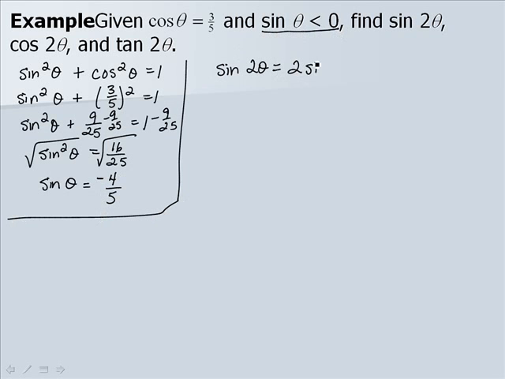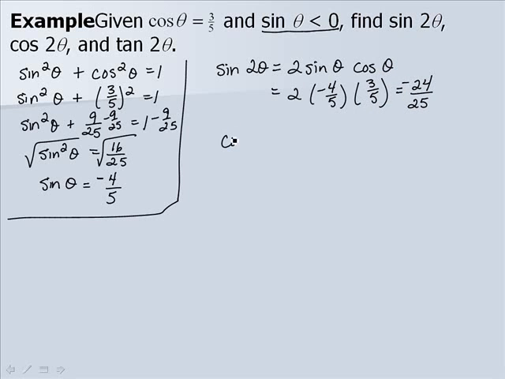We have that it's 2 sine of theta cosine of theta. So it's 2 times negative 4/5 times 3/5. And when we work this out, we see that we get a value of negative 24/25.